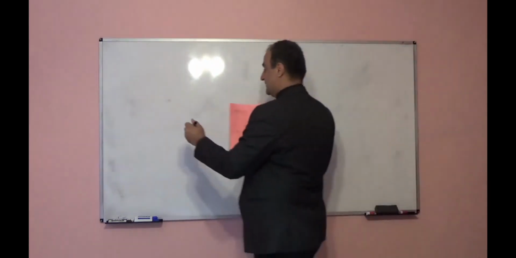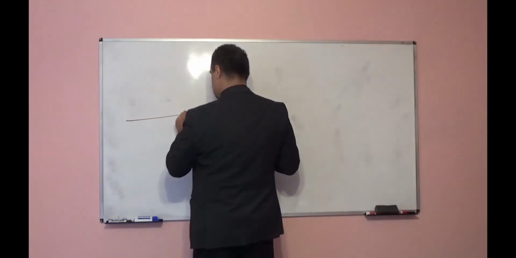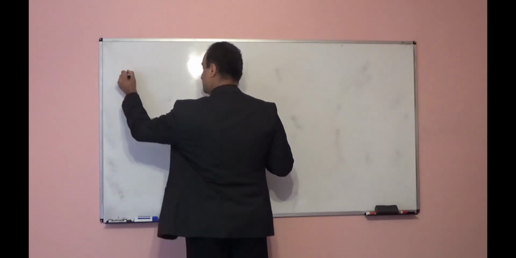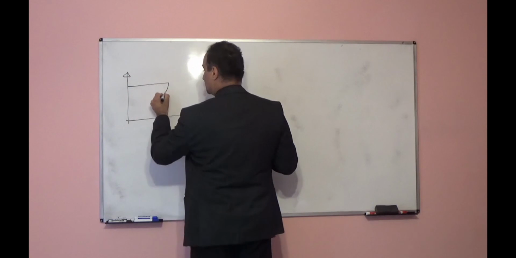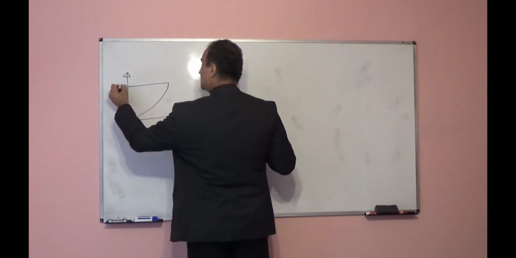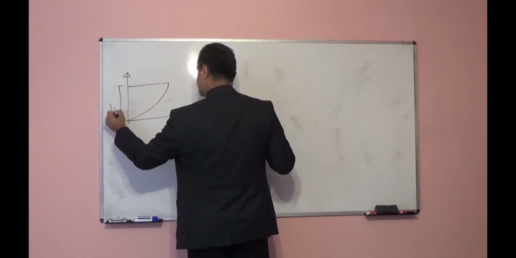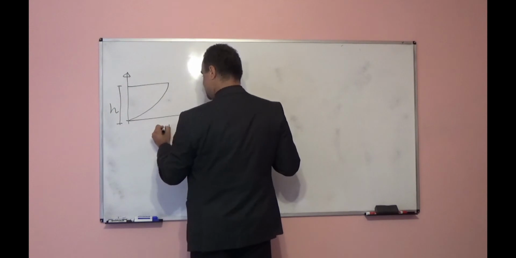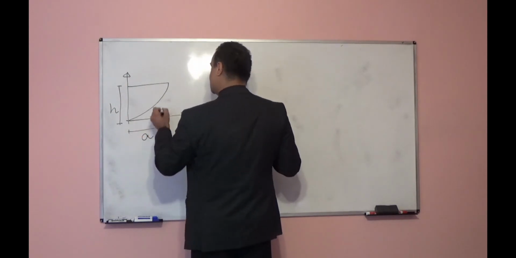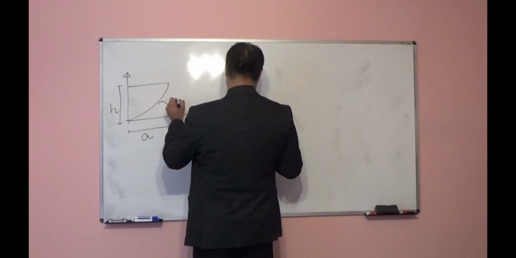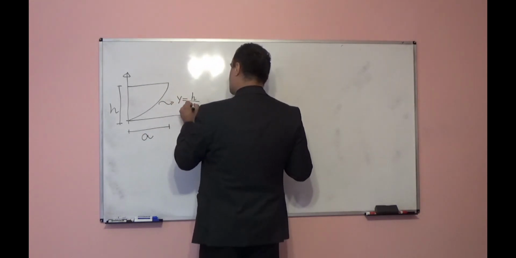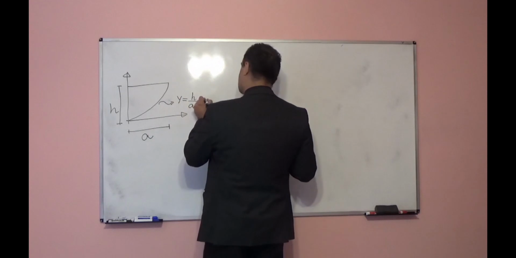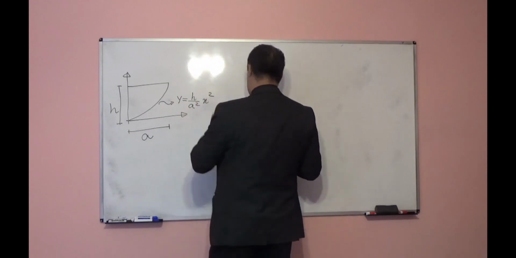Assume we have this shape. This is h. This is a. The equation for this curve is y equals h over a squared times x squared.